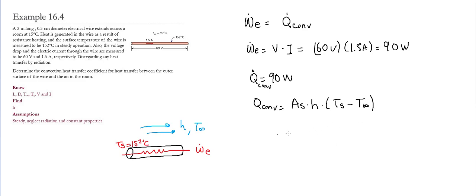So for this particular case, the surface area that we evaluate is going to be the one surrounding the cylinder, basically the one that is in touch with the fluid. Notice that we're neglecting what happens at the end of the wire. So our surface area in this case is simply going to be pi D L, where D is your diameter and L is the length of your wire.